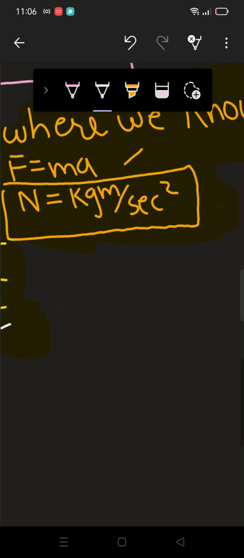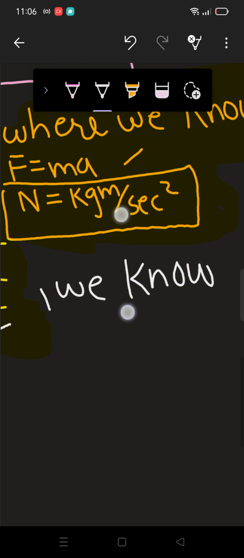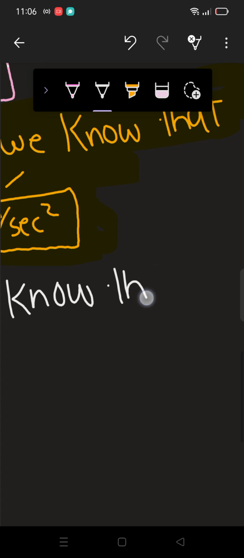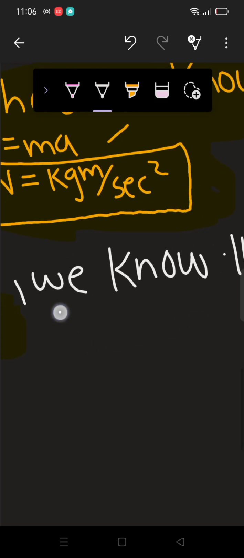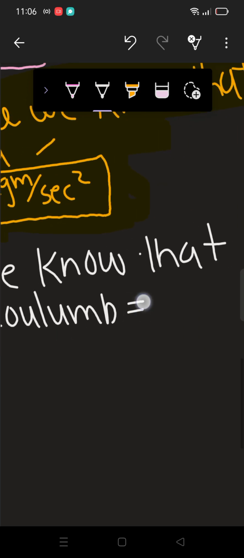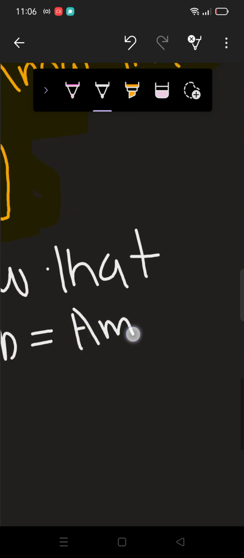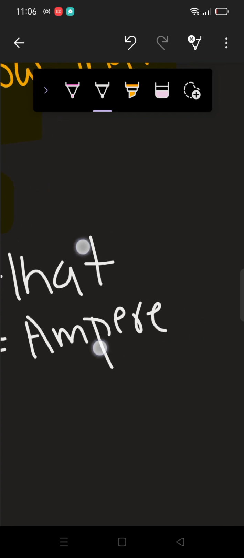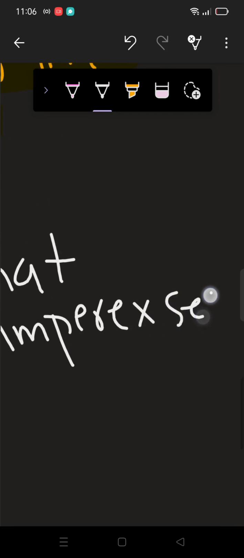We know that Coulomb is equal to ampere into second. Alright, ampere into second.